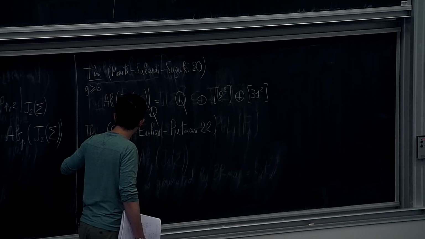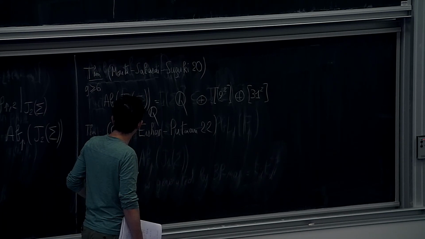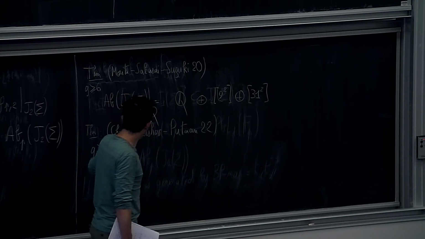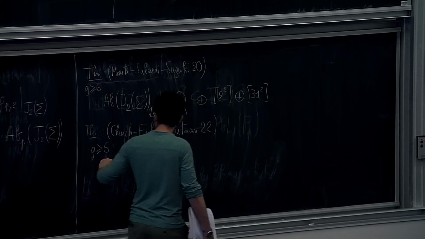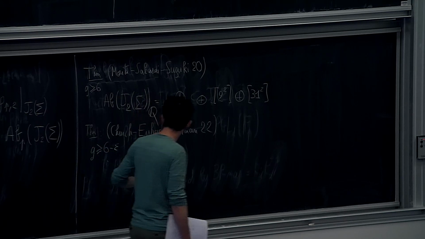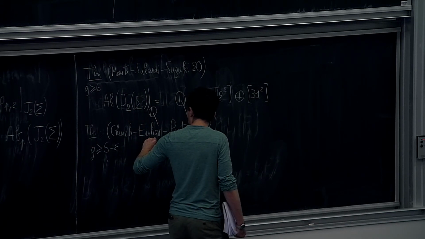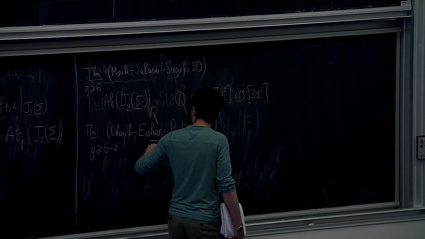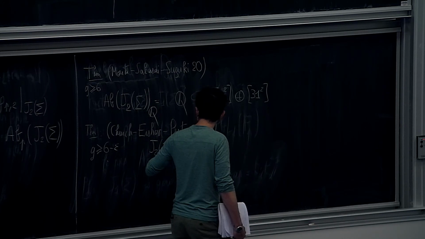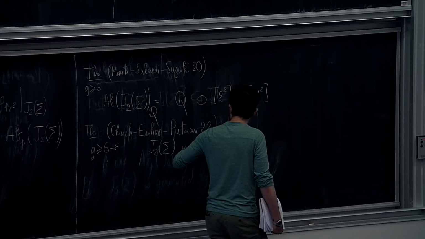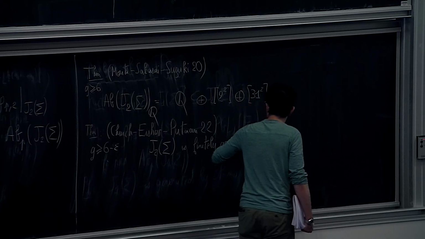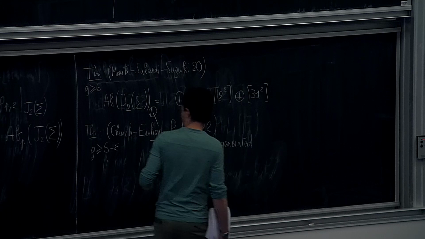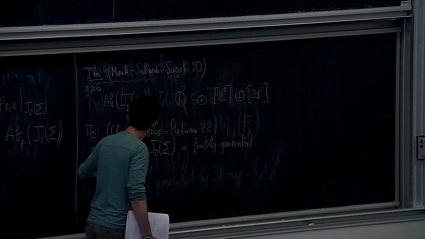It's true for g at least 6, I think maybe true also for 5. Okay, so 6 minus epsilon. We have that J2 of sigma is finitely generated. Okay, epsilon equals 1.